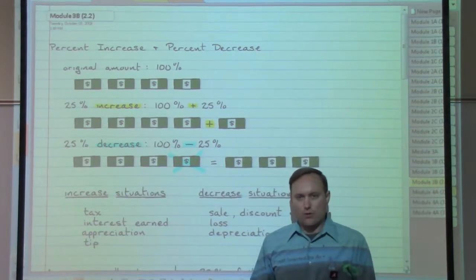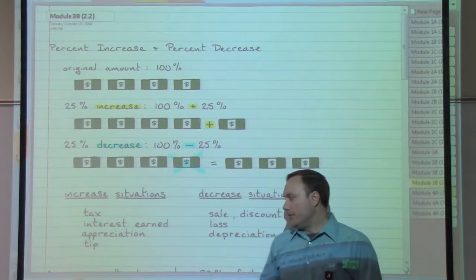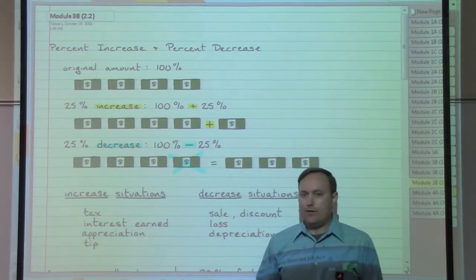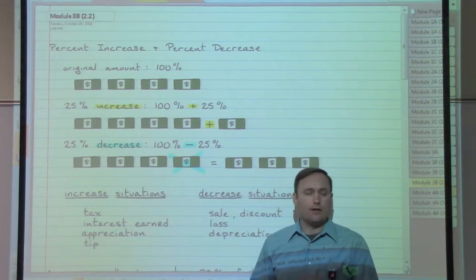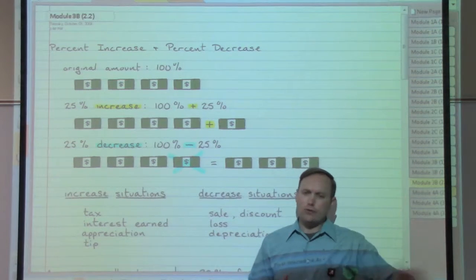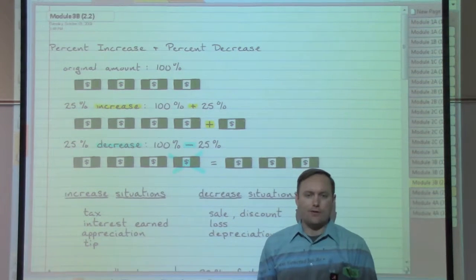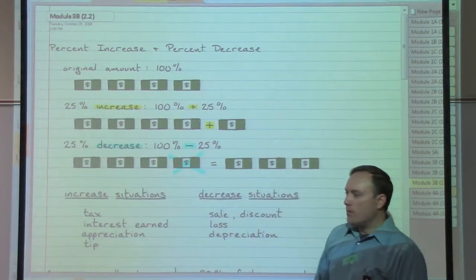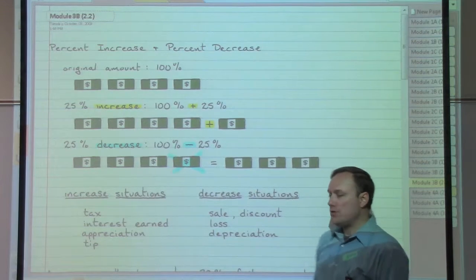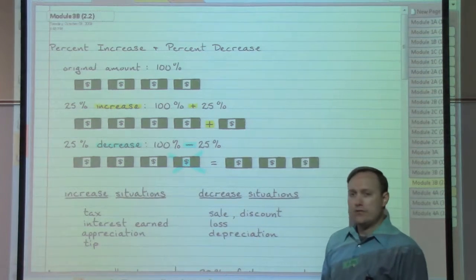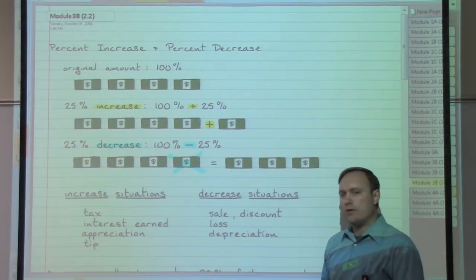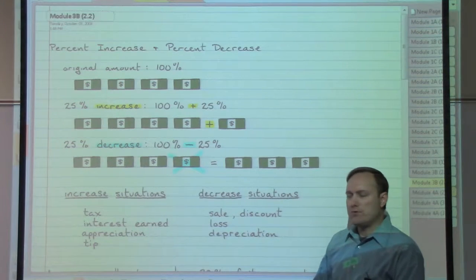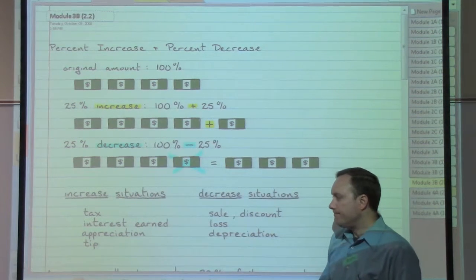Depreciation, something also going down in value. Usually that sort of thing is, for instance, you buy a brand new car and, as they say dramatically, as soon as you drive it off the lot, it's not worth anywhere near what you just paid. Keywords and phrases, we're on the lookout for those so that we know which way to go. Increase or decrease. Are we doing a little adding? Are we doing a little subtracting in terms of putting our information together?